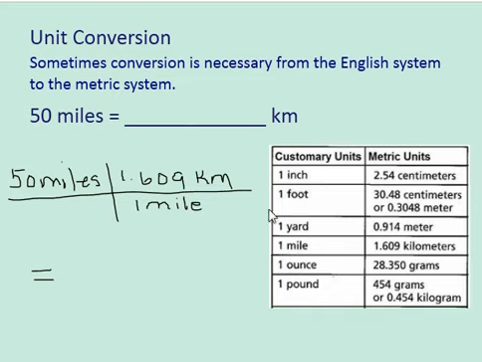We know from right here that 1 mile is equal to 1.609 kilometers. So our setup is no different than it was with our other conversions. We take what we have, we put it on top. We have 50 miles. We now write a conversion factor that is equal to 1, miles on the bottom, kilometers on the top. My miles will cancel out, and I'll end up with 80.45 kilometers.